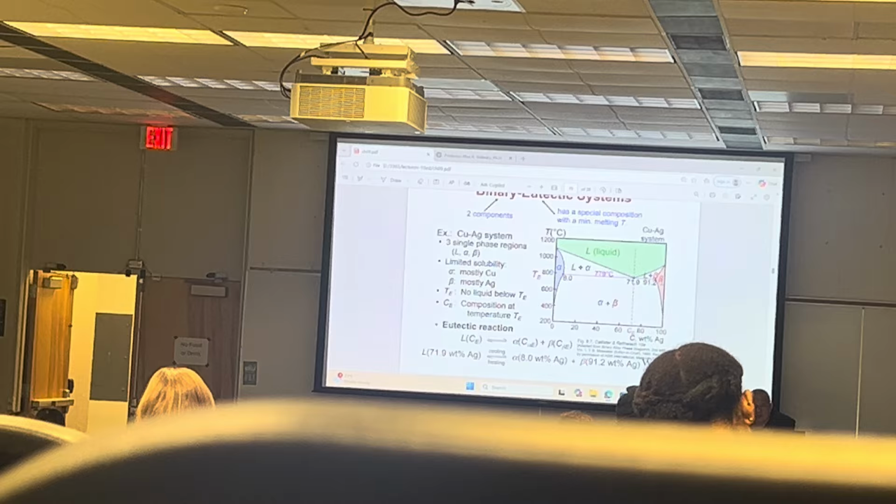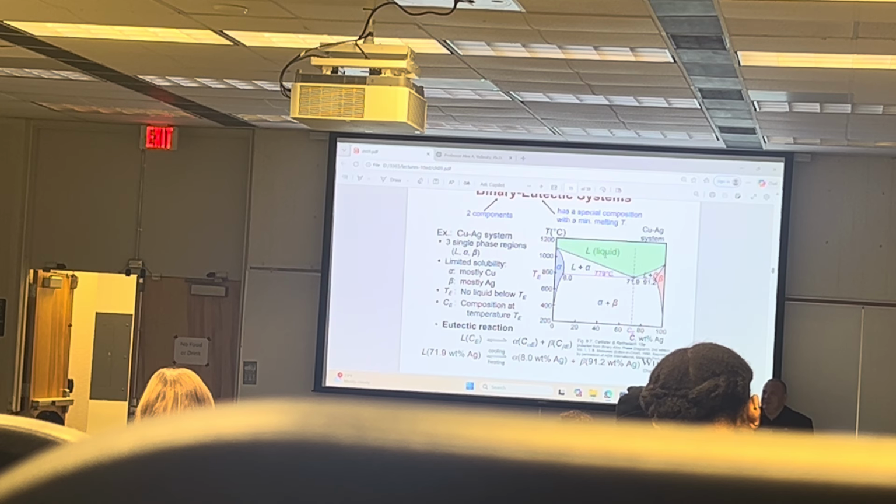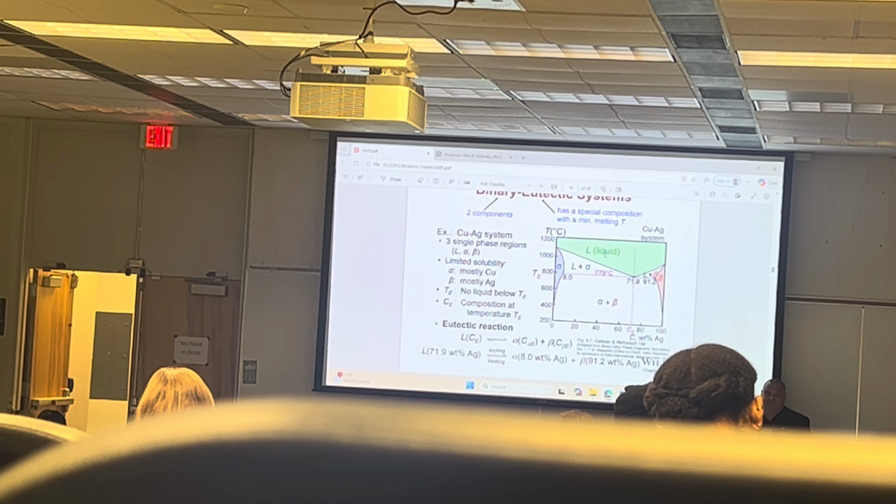I can bullshit you here all day long. Is beta a liquid? No. There's only one phase that's called liquid, that's called L. Alpha and beta phases are solid phases. The alpha phase would have more copper, and the beta phase would have more silver. Yes?